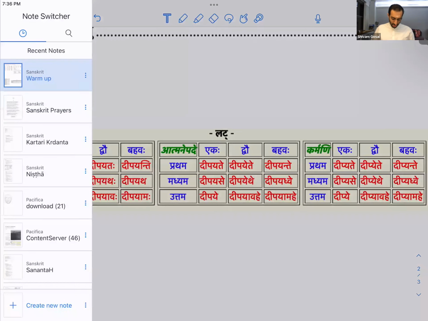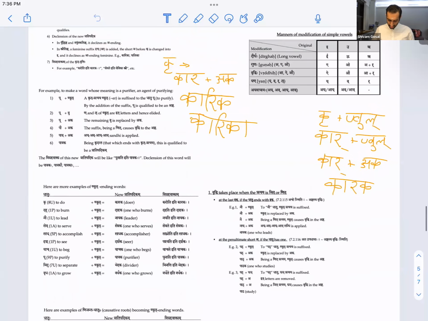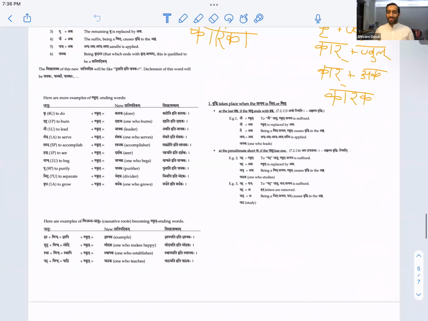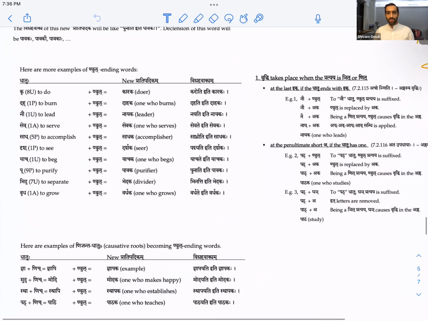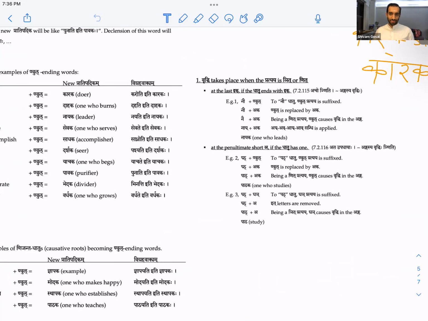Let's come to our Kartari Kṛdanta Nvul. Another question that came up: Pratimaji had a question about the dhatu. This is going to be more detail than you need, so I'm going to try to keep it brief.